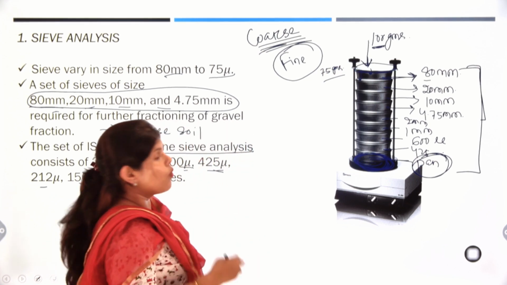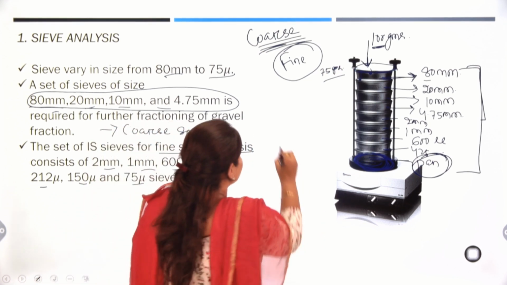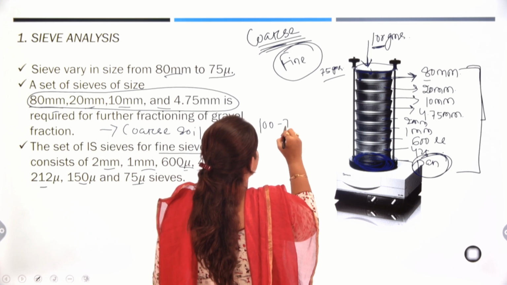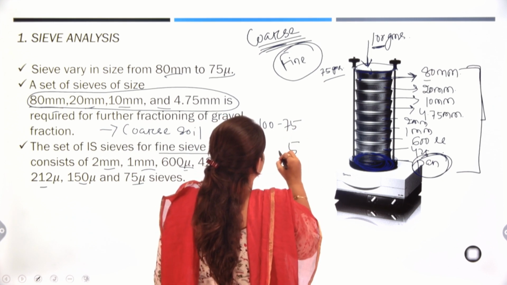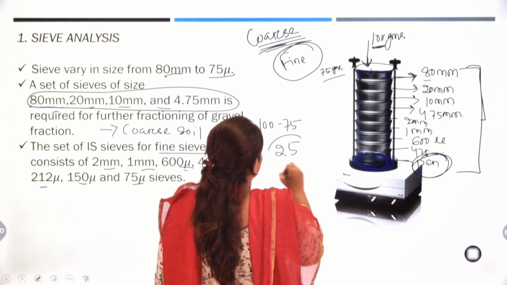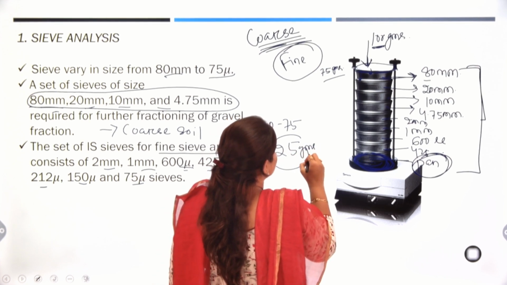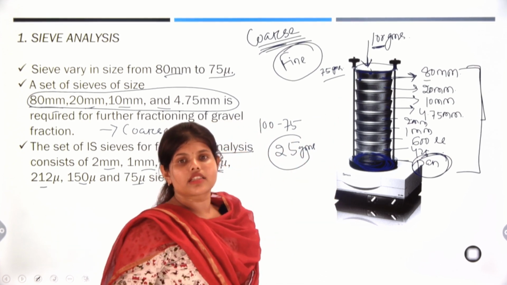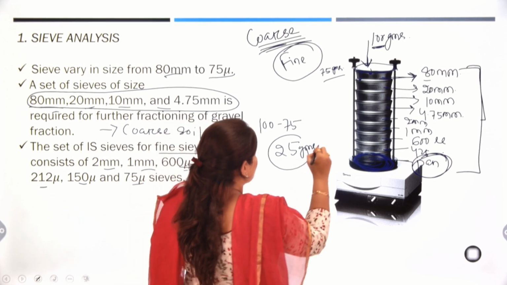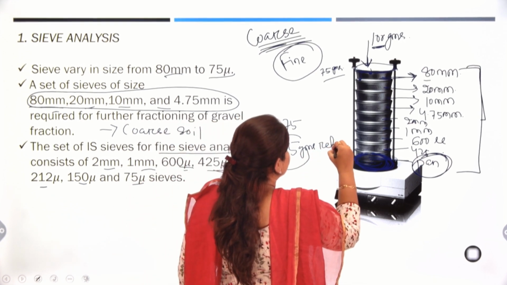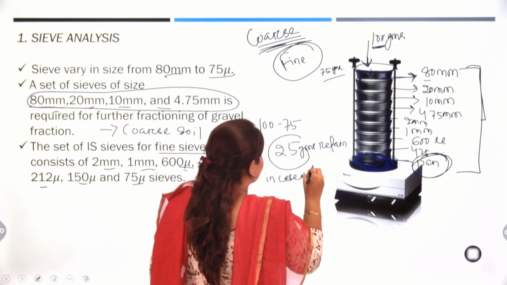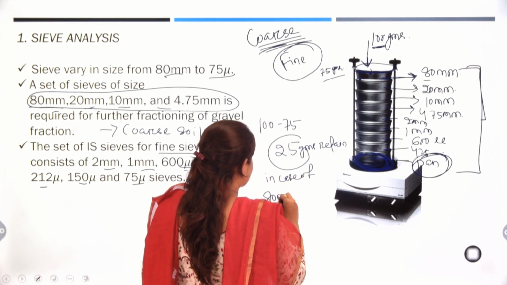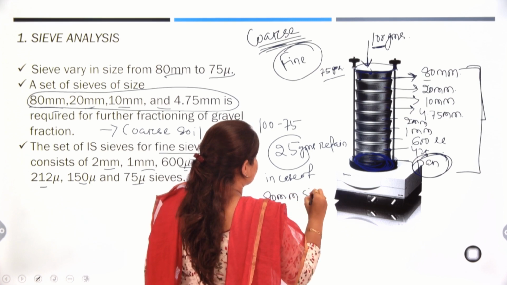So what amount is retained? 100 minus 75, that is 25. 25 grams of soil is retained on the 80 mm sieve size.